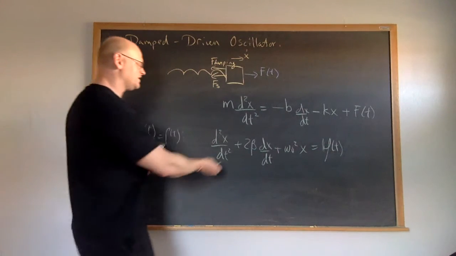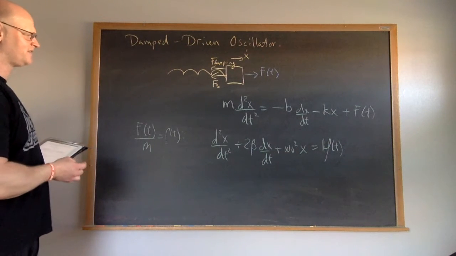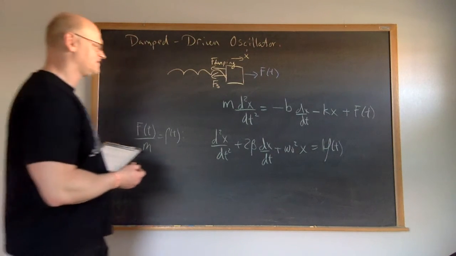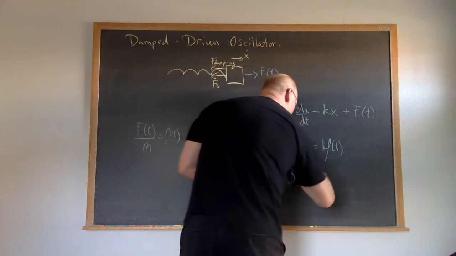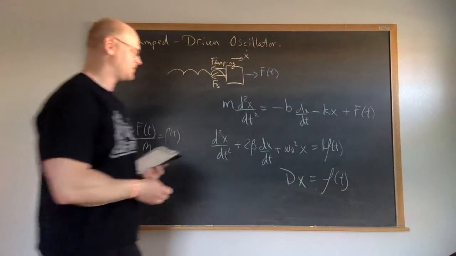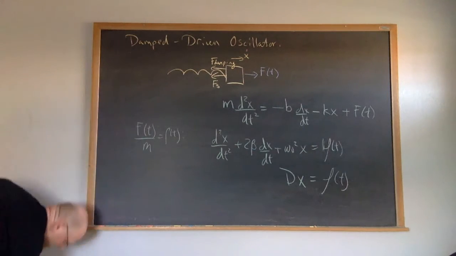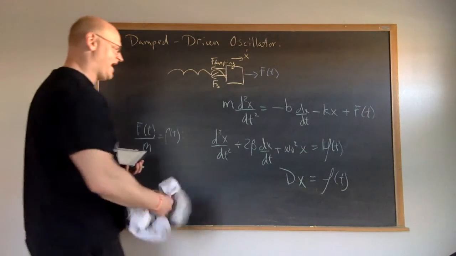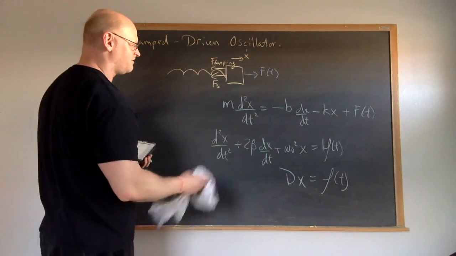Now, we can actually relook at this left-hand side and think about this in a different way. What I could do is define what's called a differential operator, and I could write my differential equation this way. I have this differential operator D acting onto my function x, which is then generating a new function f of t.